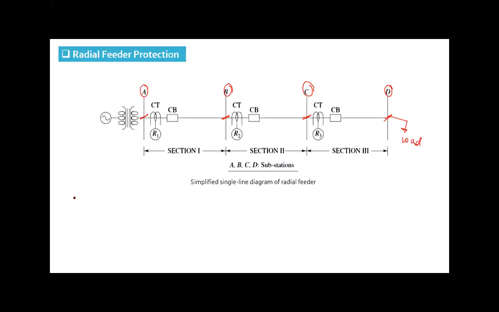R1, R2, and R3 are IDMT relays. IDMT relay means inverse definite minimum time characteristic, the relay which we have studied and obtained the characteristic of in the previous lab session. Okay.